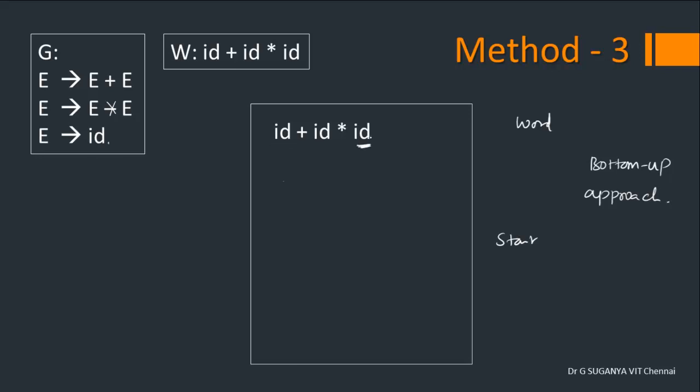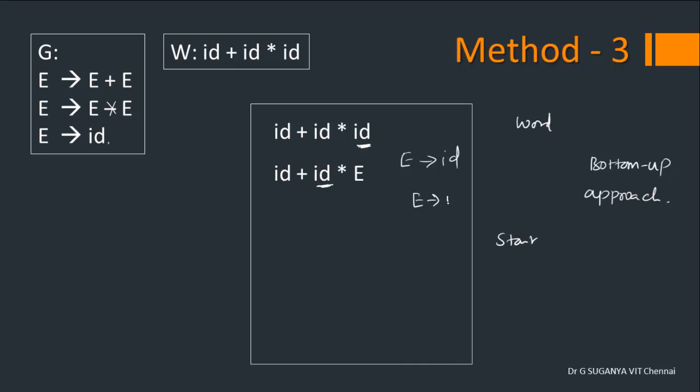Now you can check whether this gets mapped onto any of the right-hand side. Yes, there is a mapping for the third equation. So this ID, I can replace it with E. Now from the right side, this is the terminal symbol we do have.